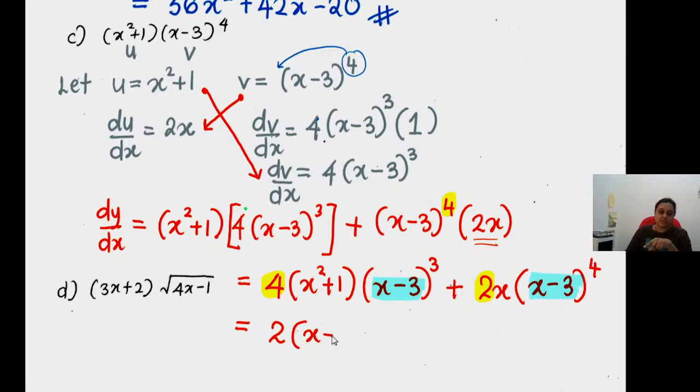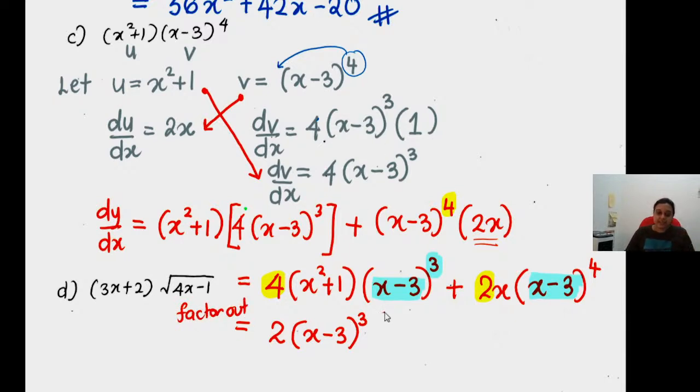So x minus 3, I pull it out also. Which power should I pull out? Should I pull the power 3 or power 4? Always go for the small power, so it's power 3. So I'm going to write here (x minus 3) power 3. This one, we call what? Factor out. You are factoring out.